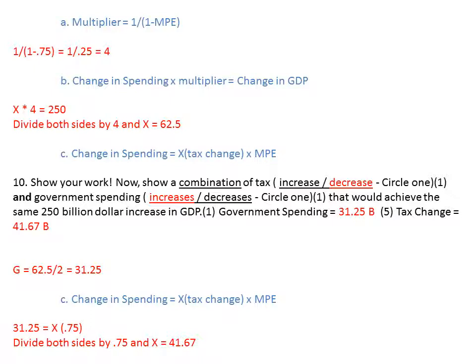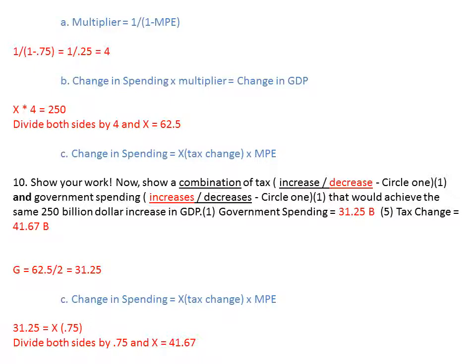We take the other $31.25 billion that we want to achieve in increased consumption, and we set that equal to X times how much people are going to spend of every new dollar, 0.75. We divide both sides by 0.75, and we find that 31.25 divided by 0.75 gives us 41.67.